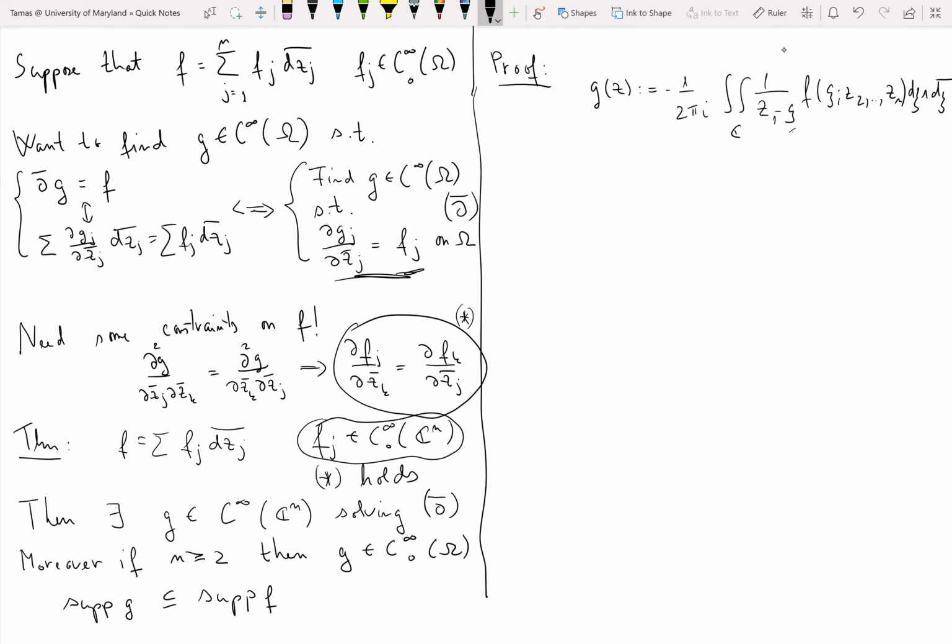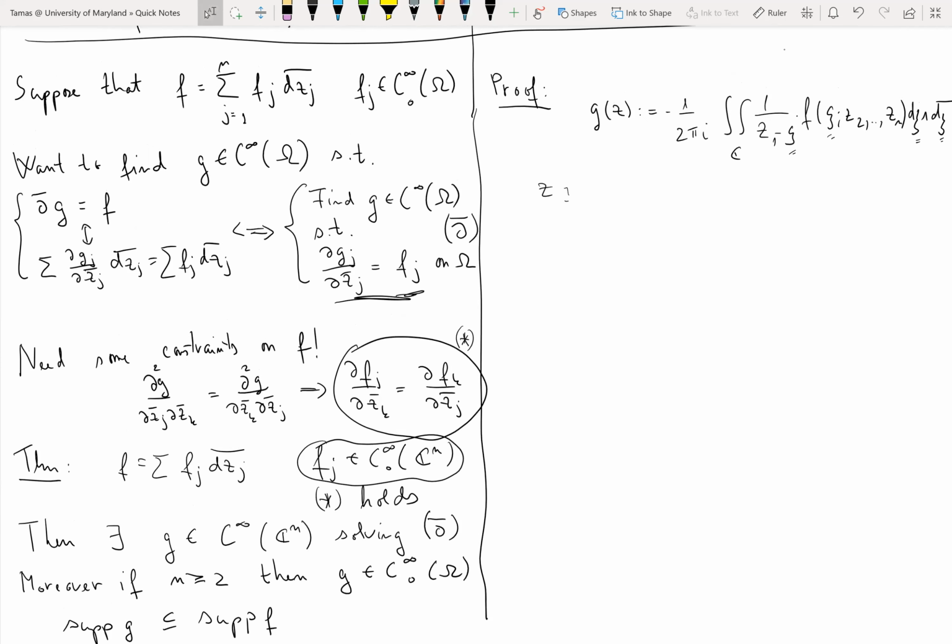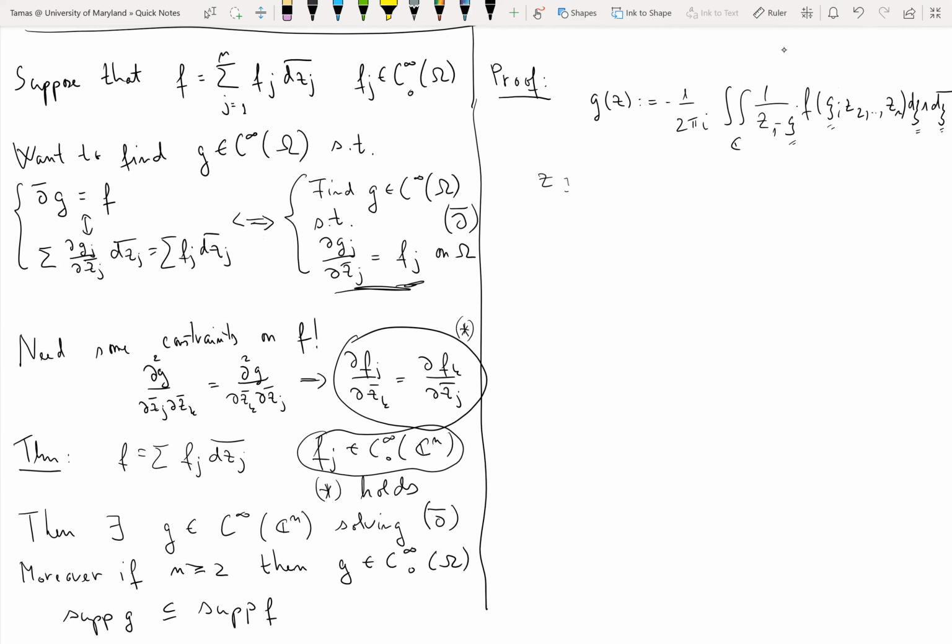So you have a solid integral in psi, and you integrate psi in place of the first coordinate of F times this Cauchy type integral kernel. Again, when we say z in n dimensions, we mean a vector with complex coordinates.